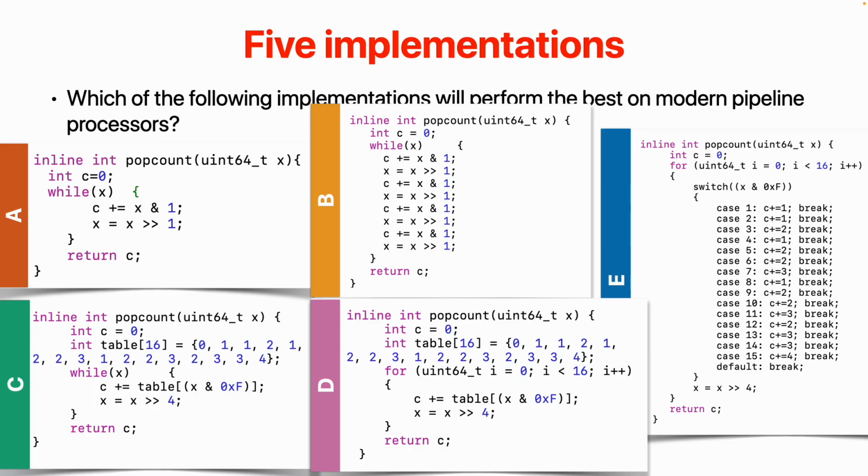Right. So how about A? Is it better than B? No, why not? Okay, because it used loop unrolling. Now you guys learned loop unrolling. But why is C better than B?